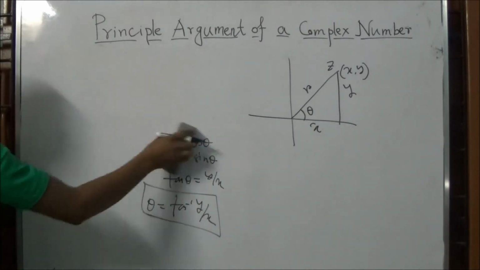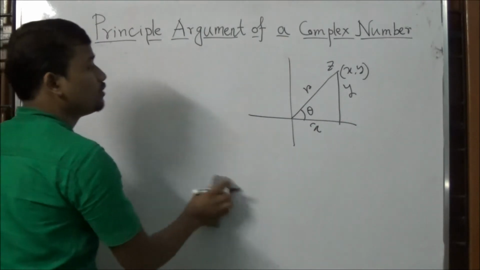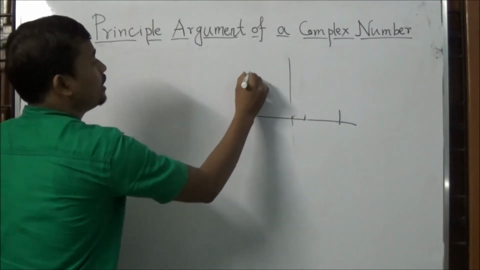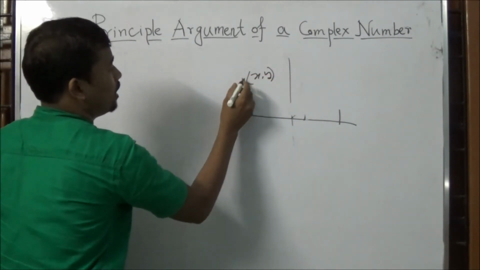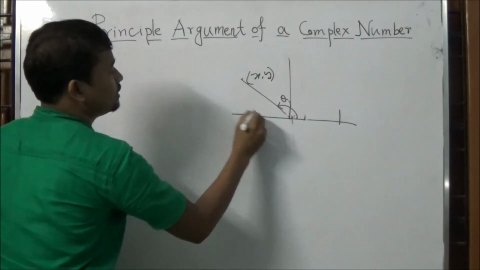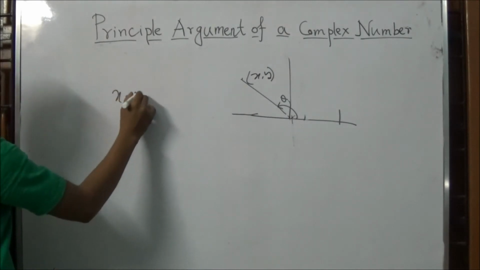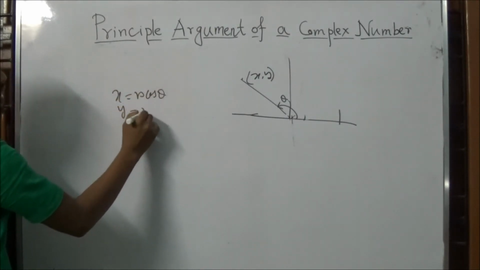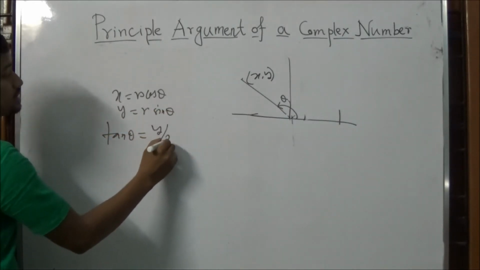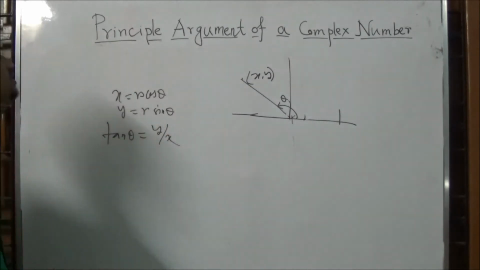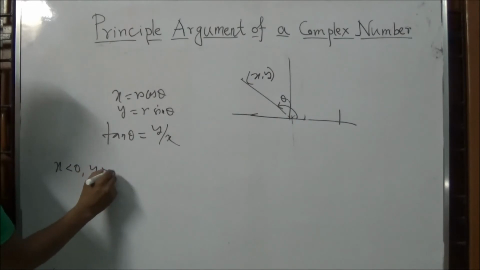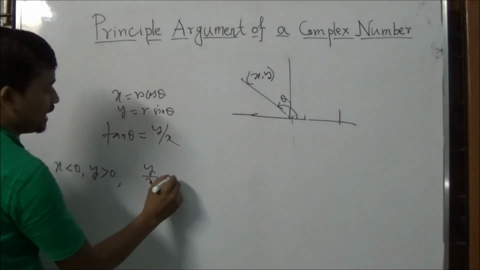Now, if the point z lies on the second quadrant, then let this be the point z equal (x, y). Let this angle be theta. Then x equal r cos theta and y equal r sin theta and tan theta equal y by x. But since (x, y) lies on the second quadrant, we have x less than 0 and y greater than 0. So y by x is negative.